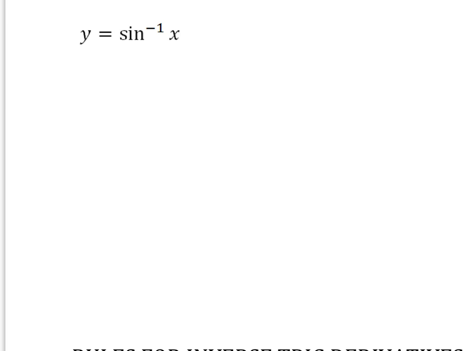So let me rewrite this as x is equal to sine of y. All I'm doing is switching my x and y values, and now I have a regular trig function.